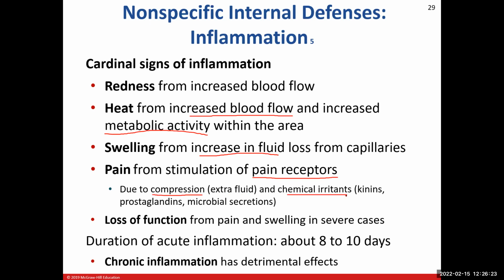And then we'll see a loss of function, because if we have a lot of inflammation, and I don't know if you've ever had that experience where you may have sprained your ankle. I had a 2nd degree ankle sprain, which is just short of putting me in the hospital, but my ankle was swollen like no tomorrow.